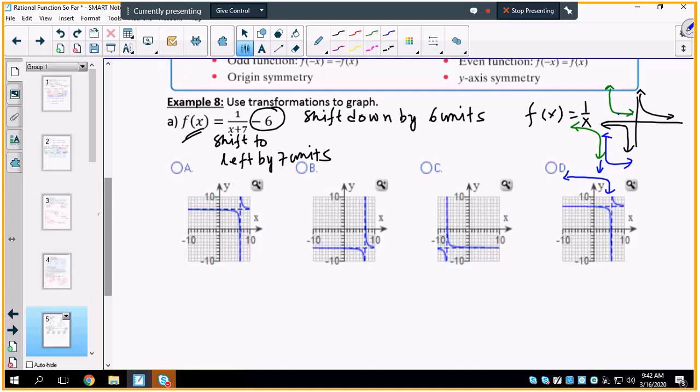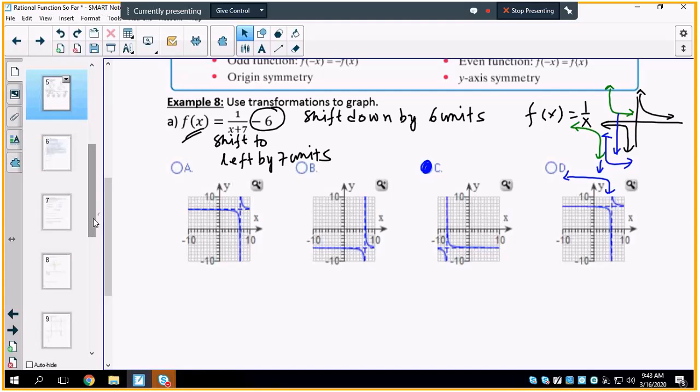So I'm looking for this picture, and as you can recall, picture number C looks like the one that I have. It has shifted 7 units to the left, and it has shifted 6 units downwards. So that's your right picture. And see, I did not use any concept of intercepts or finding the asymptotes. I just used simple shifting transformations from test one to answer this question.